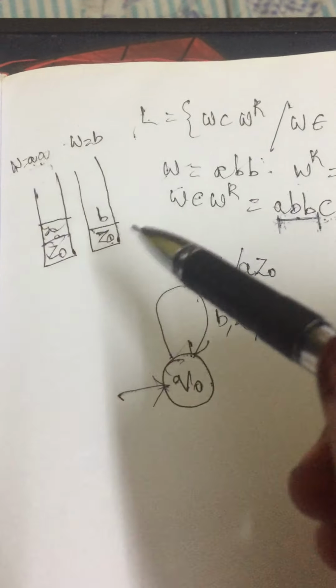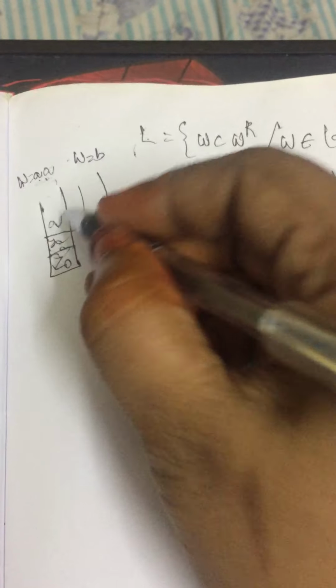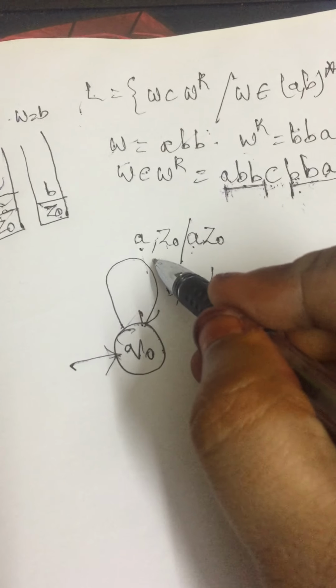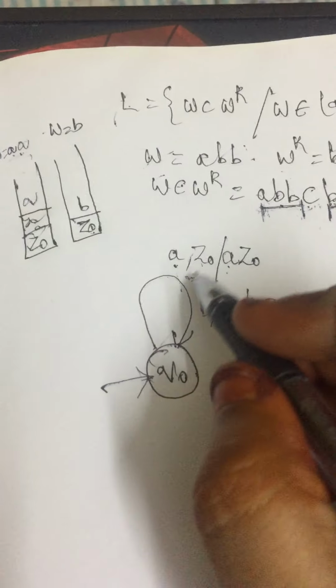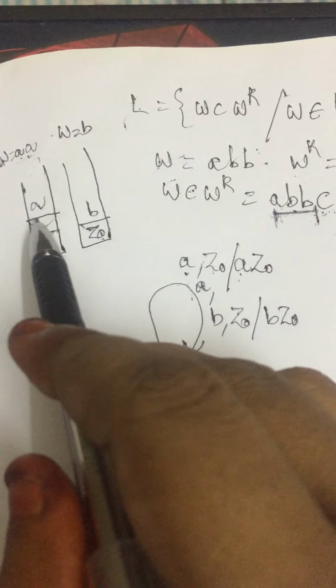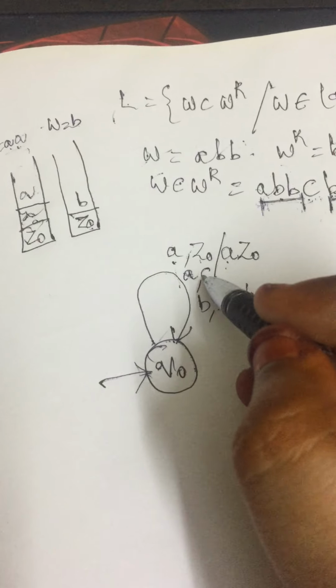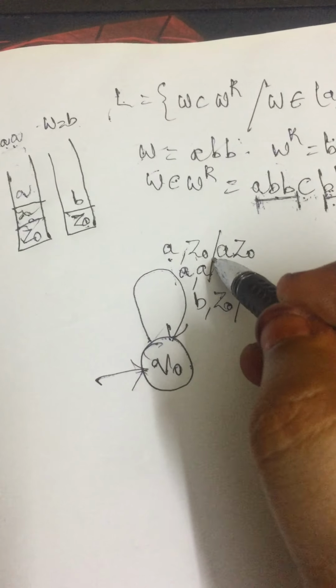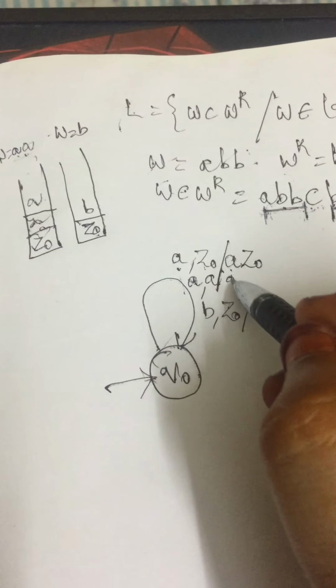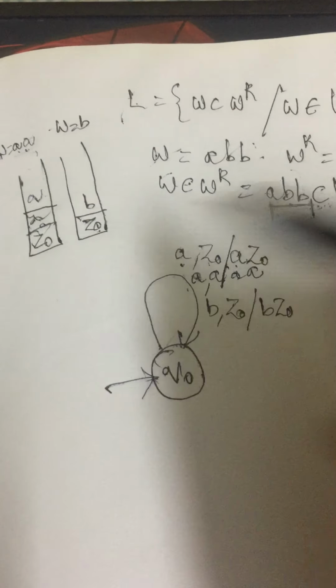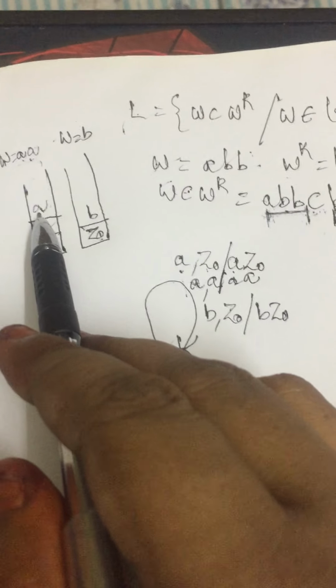If the second input alphabet is A, we are just going to push it. So if the present input alphabet is A, what was the top of the stack before pushing A? It was A. So whatever was present here, the same. And now we need to perform the push operation. So A has been pushed.